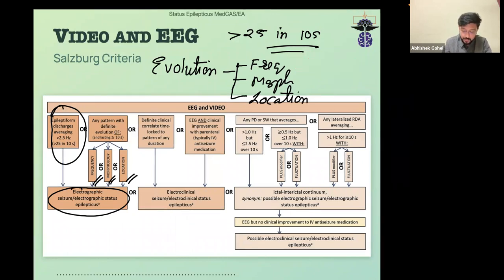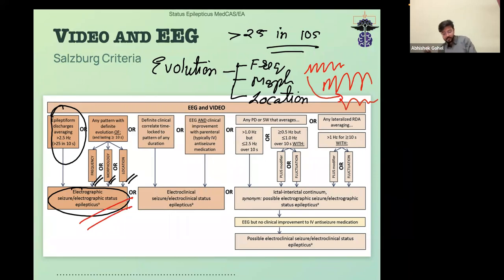Morphology means the shape changes like this. So this is clearly evolution. Or they can evolve in location. Previously it was over the frontal region, then it is spreading to the parietal region, and then the occipital region. So there is an evolution in the location. So frequency, morphology, and location. If there is evolution, then also you can diagnose it as electrographic status epilepticus.